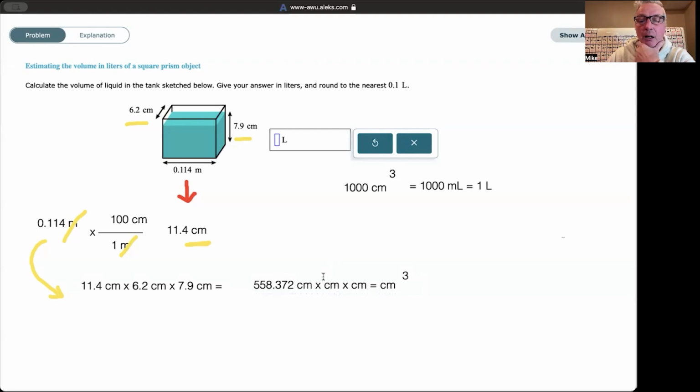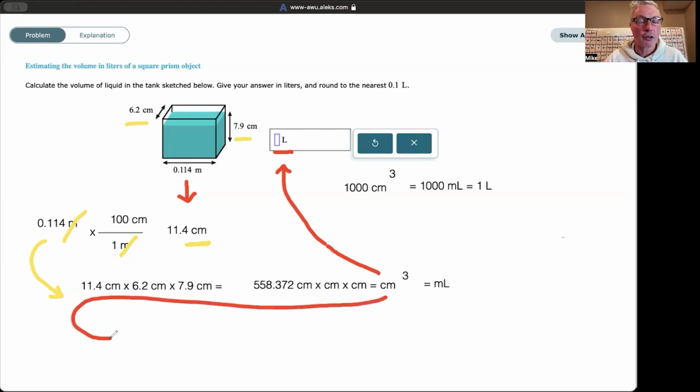That's going to be our milliliters. So we can't forget that that's not what they want. They don't want centimeters cubed here. They want us to divide by 1,000 and get milliliters, or excuse me, liters.